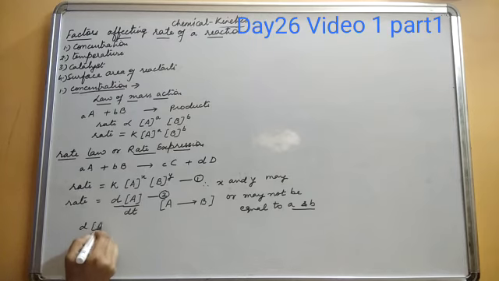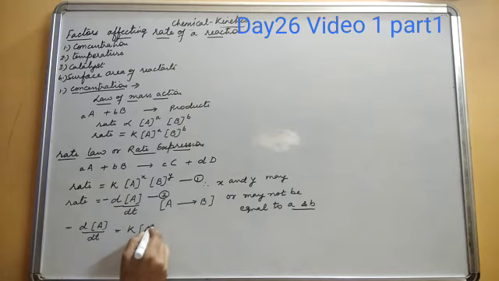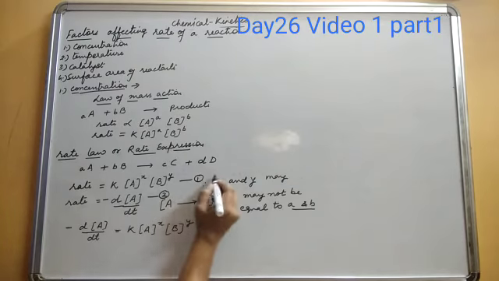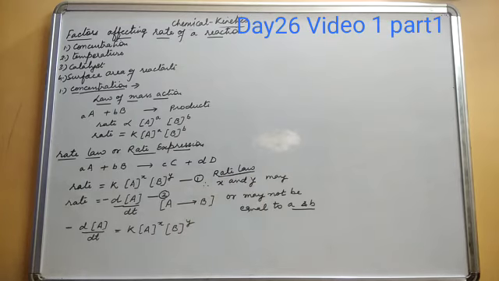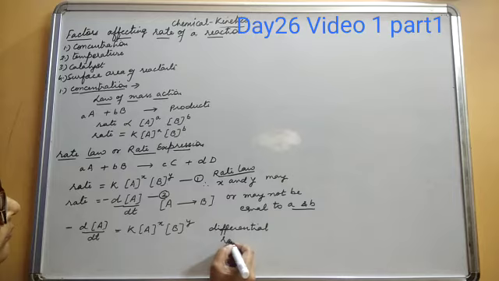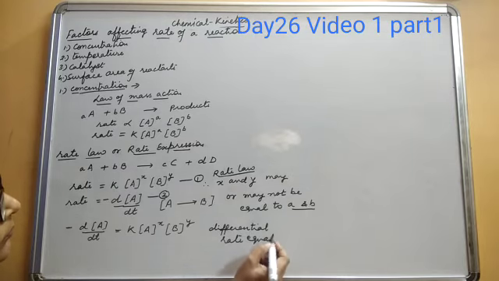So d[A] upon dt, or since this is for reactant, so we have to write minus d[A] over dt, that is equal to K [A]^x [B]^y. So here this equation is known as rate law or rate expression, and this equation is known as differential rate equation.